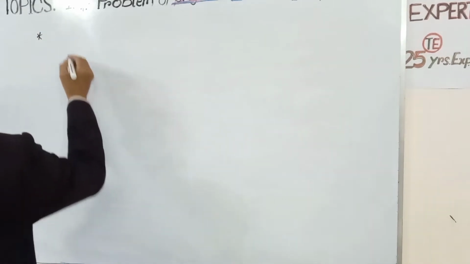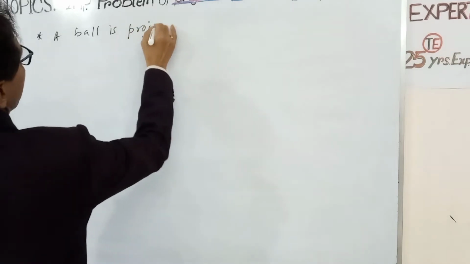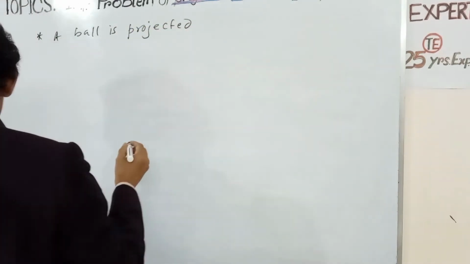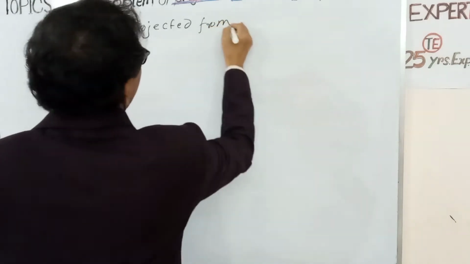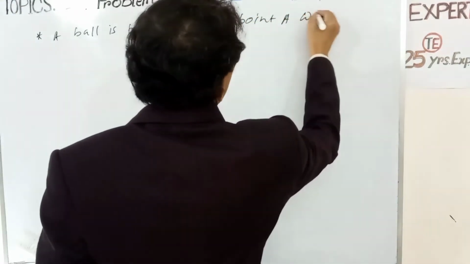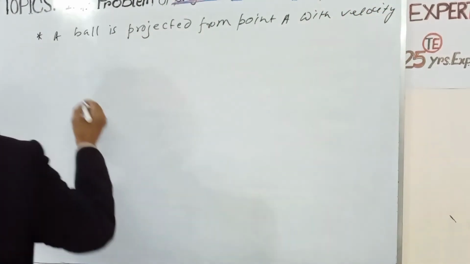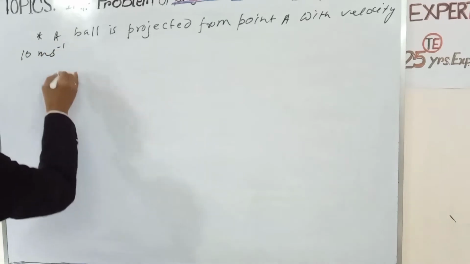A ball is projected from point, velocity in meters per second.